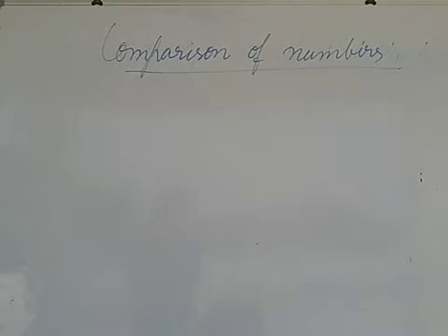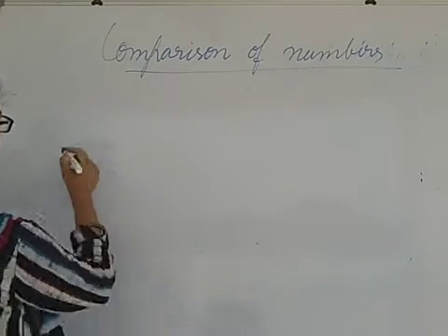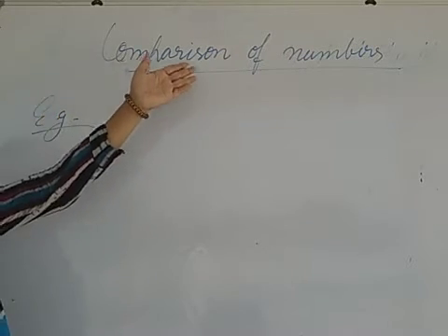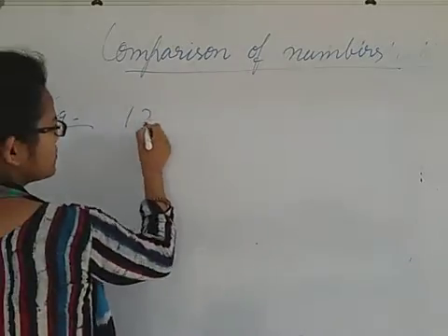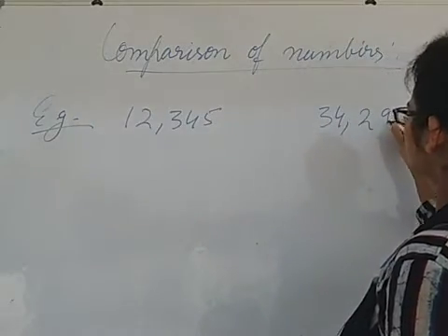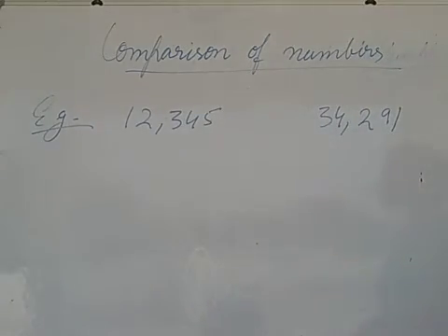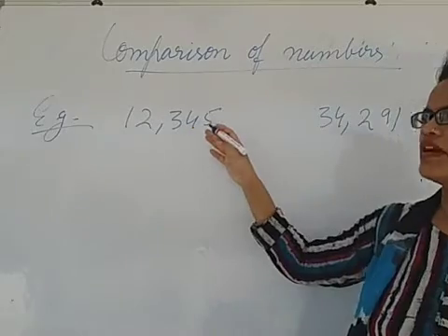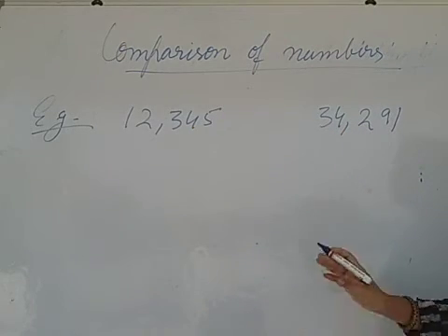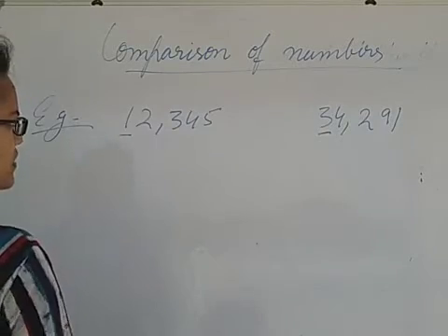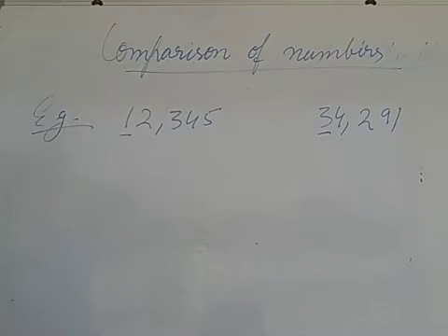So now the next topic is comparison of numbers. Let us take one example to explain comparison between two numbers. So now let us start comparing these two numbers. When we compare two numbers, we always start with the left side of the number. In this number, the leftmost digit is 3, and in this number, the leftmost digit is 1.